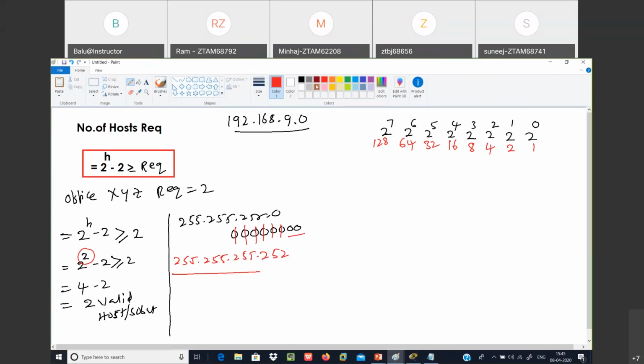Now how many bits are converted? Network bits are converted: 2 power 6. 2 power 6 is 64 subnets. Subnets are 64.